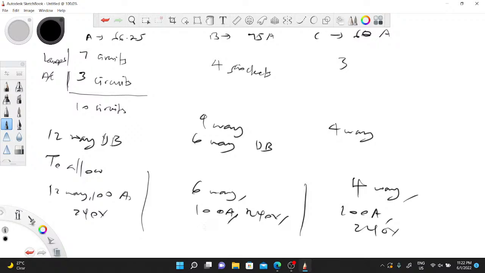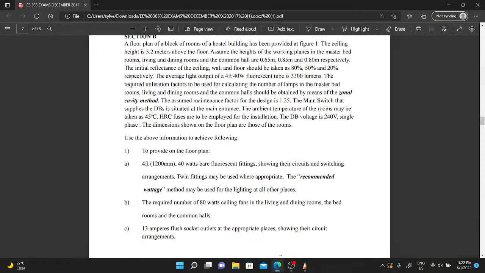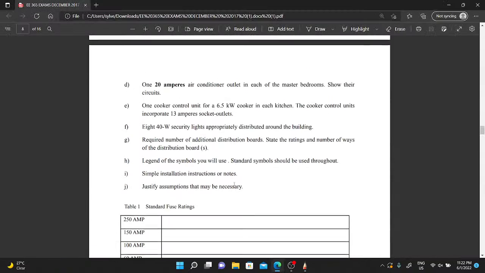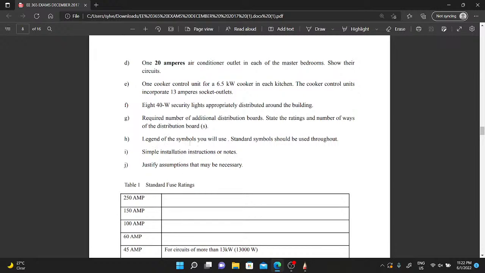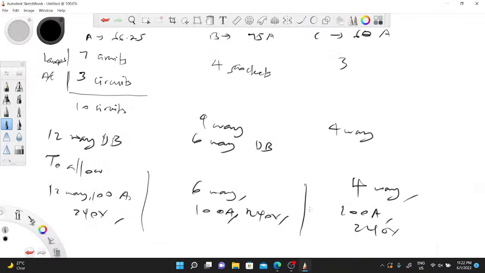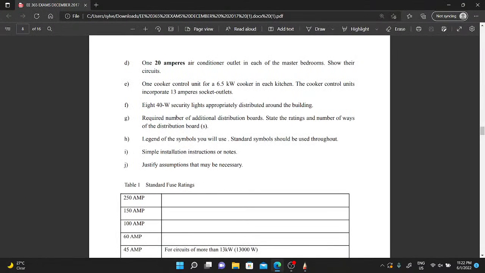Once you can justify them, because the question says to provide a legend of the symbols you use and justify assumptions that may be necessary. So if you say why you're doing it and it makes sense, he will mark it for you. So right now we've determined the number of distribution boards.